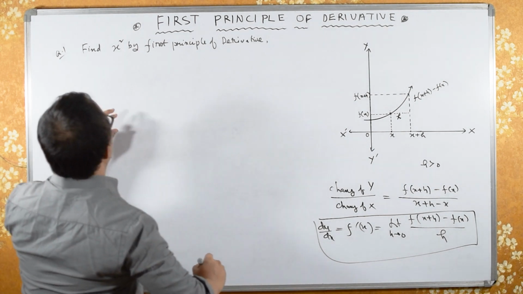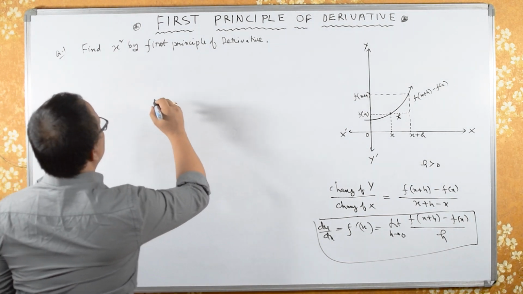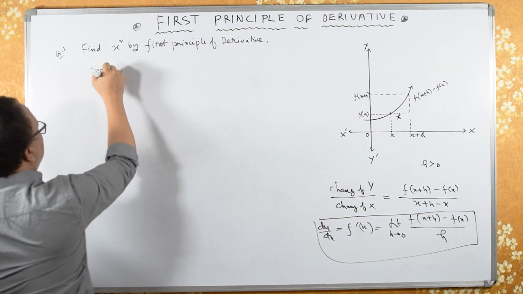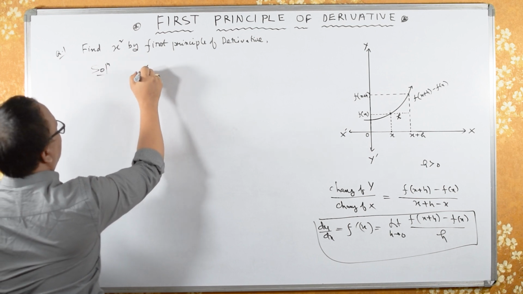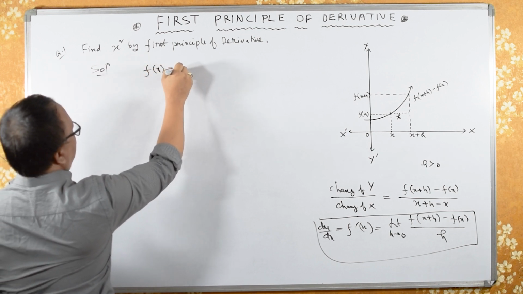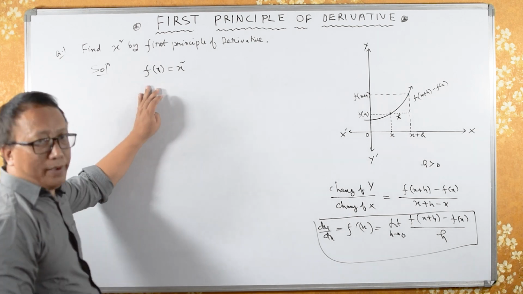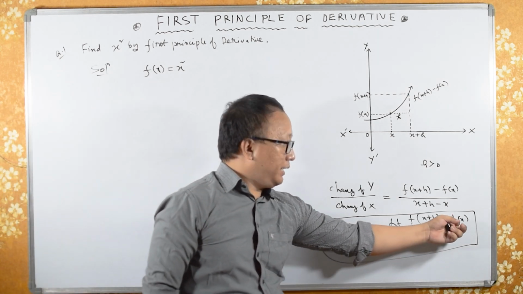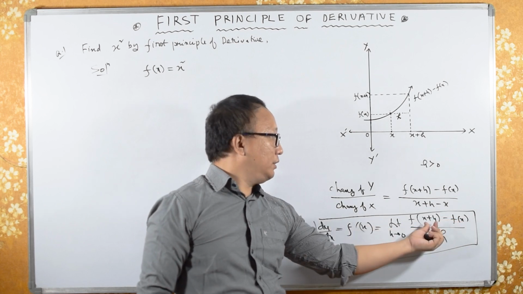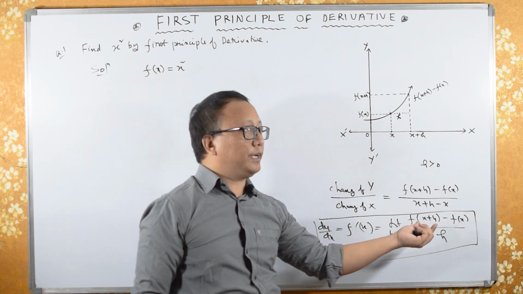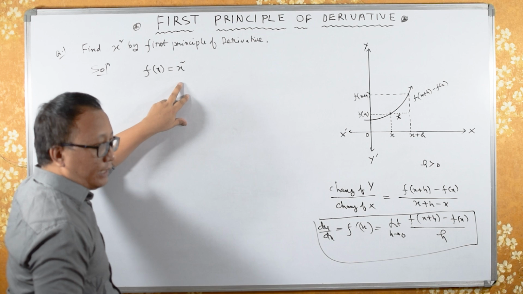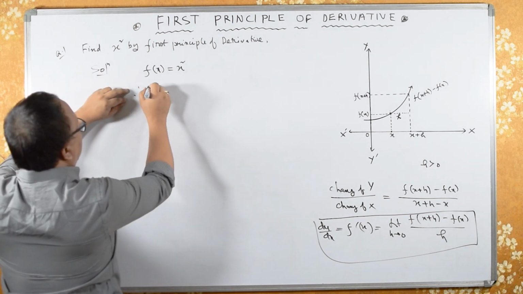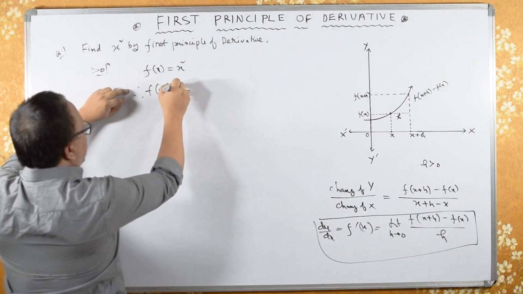Since this is the type of question, what we have to do is let f(x) equal x square. Now if you have f(x), then you need to find f(x plus h). Since f(x) is this, f(x plus h) is what?